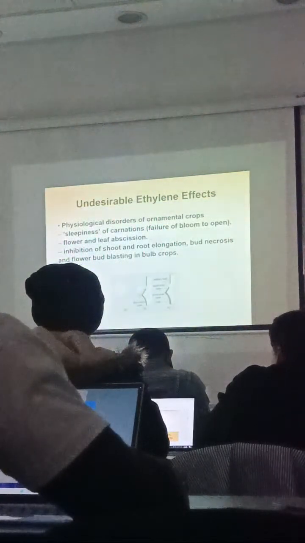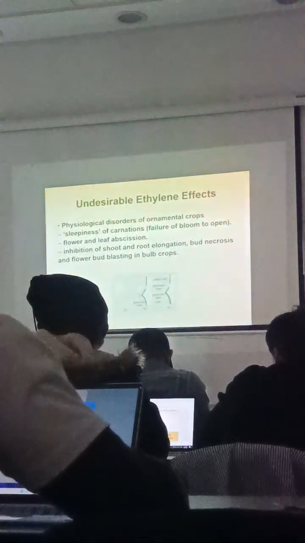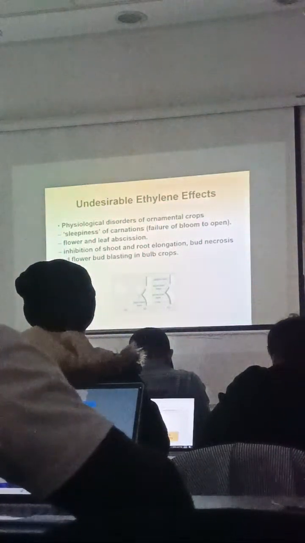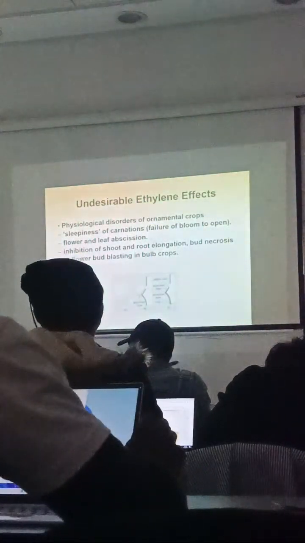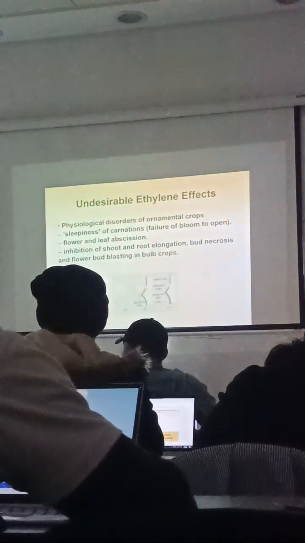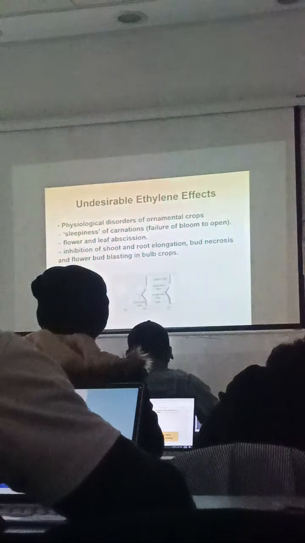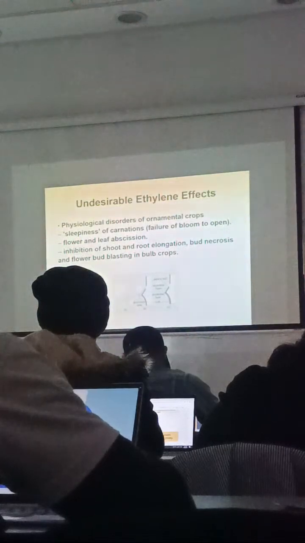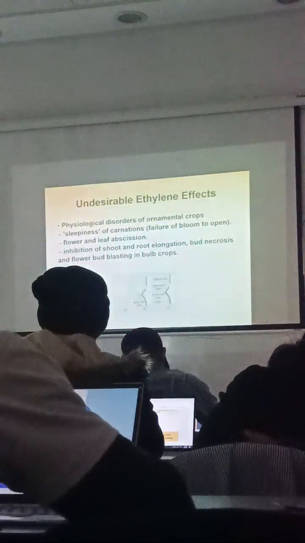The orchid. You know orchid? Yes. You know, this is a very good business. Why? It's expensive. Orchid. So in Thailand they grow orchid and they export it all over the world, and they need to make sure that ethylene will not make the flowers fall down.